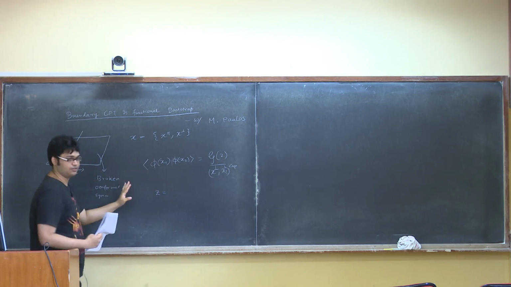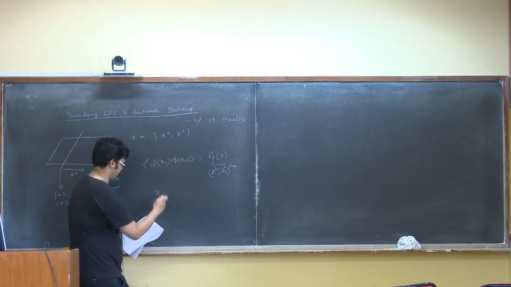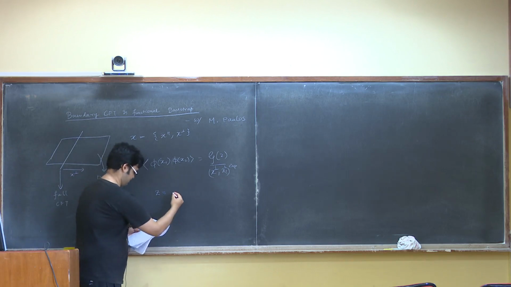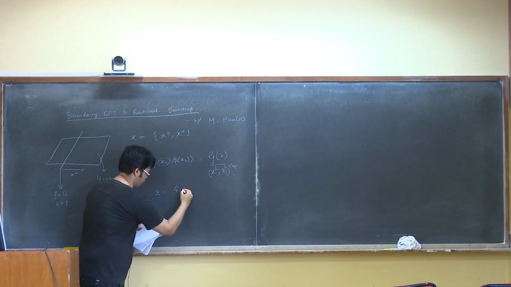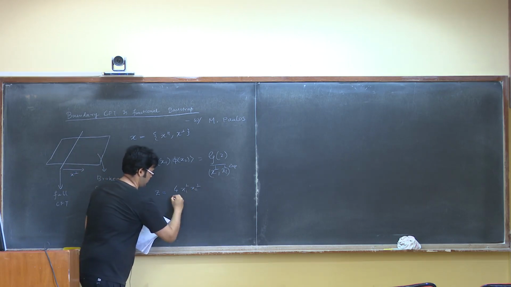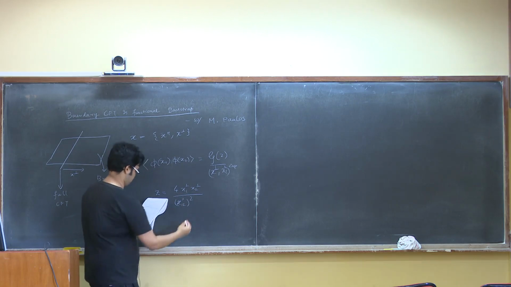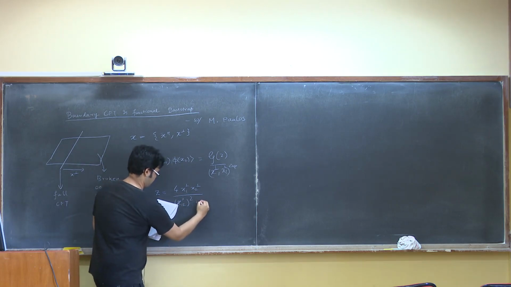That's the feature of boundary CFTs, that you have just one cross ratio for a two-point function, and it is given by 4 x1 perpendicular x2 perpendicular over x12 parallel squared plus the perpendicular terms.